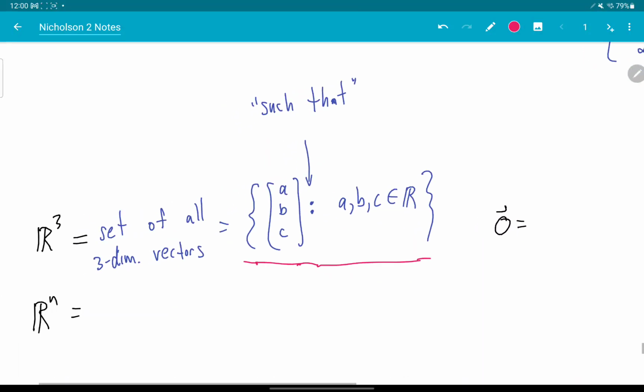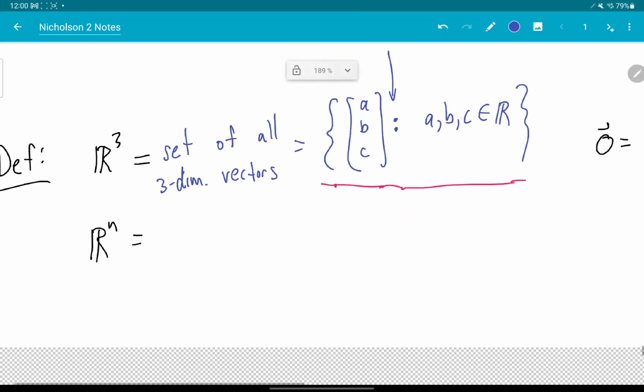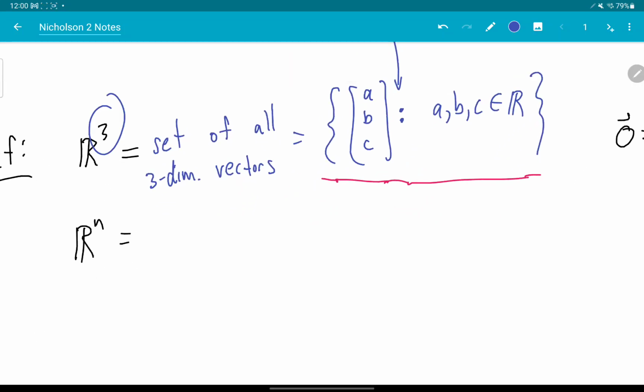Okay, so that's R3. Now Rn is the set of all n-dimensional vectors. So sometimes we don't want to specify what the dimension is. So I don't know, I'll go a1, a2, a3. I'm not specifying, so I'll just go dot dot dot. And the last one will be an.